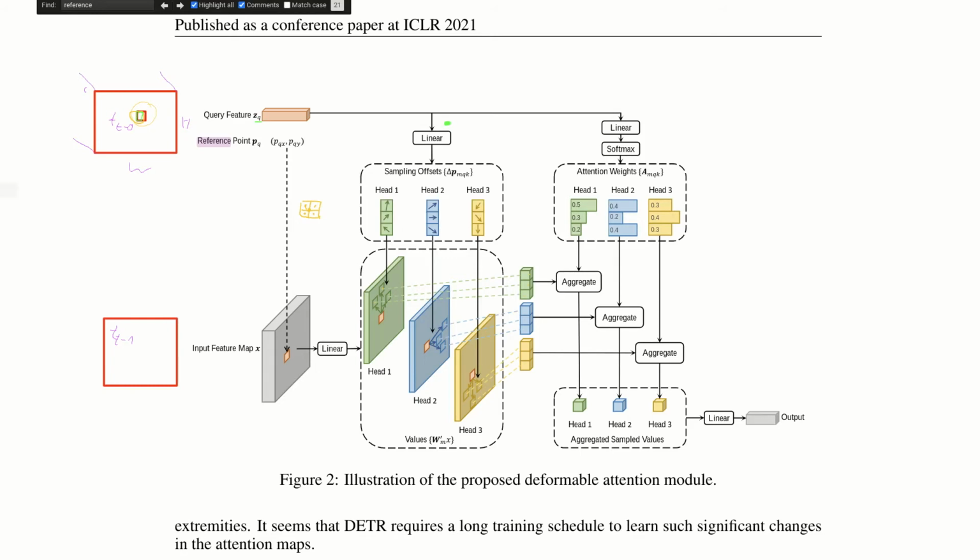In the past we talked about how we do attention across two feature maps, like deformable attention in the encoding block, where we have one feature here and we would like to know the other way around. So we know this is the t-0, the current frame, and we would like to have features around that reference point with a certain attention pattern. This is what we see here on that part here.